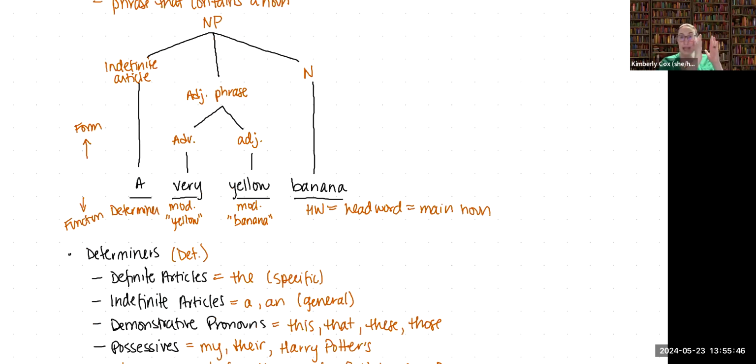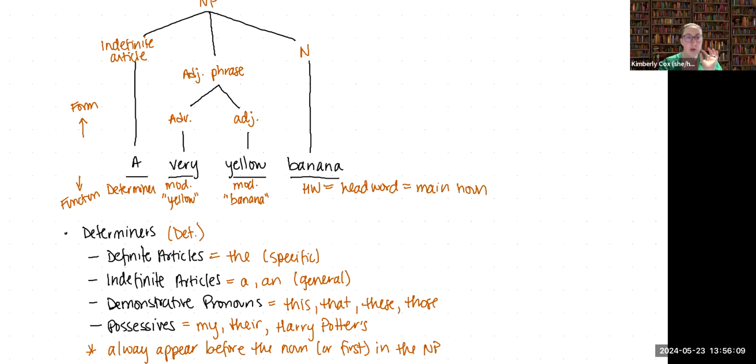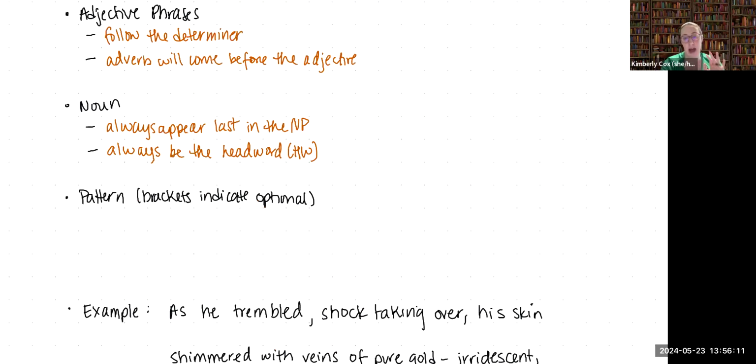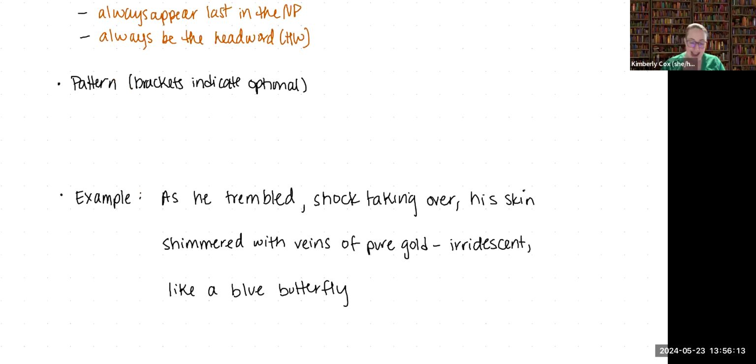A is an indefinite article, it's our determiner, it appears first. Then we have an adjective phrase, which appears in between the determiner and the noun, and the adverb comes before the adjective. And then the last word is our noun, banana, which is also our head word for the noun phrase. Okay, it's all about the banana. So let's take a quick look then at the pattern, and anything I have in brackets would be considered optional.